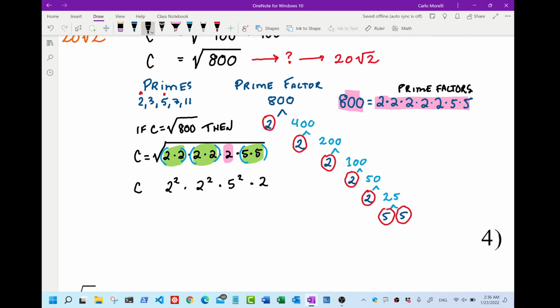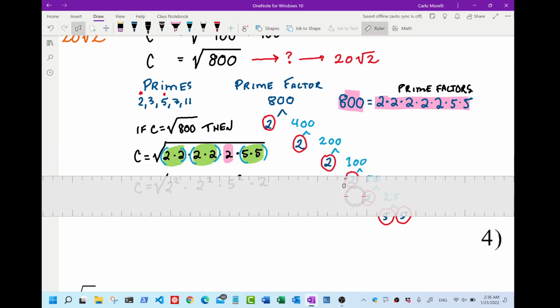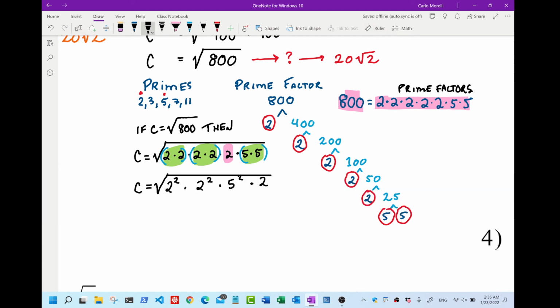So now C can be written like this. Okay? Well, there's a product of roots that says if you have the square root of products inside, you can break the root up. So it's perfectly legal to write this like this.